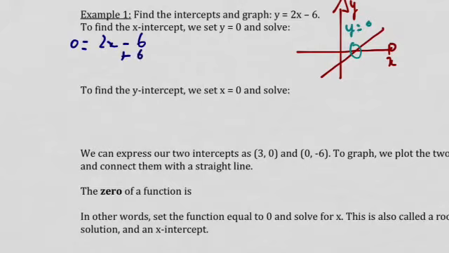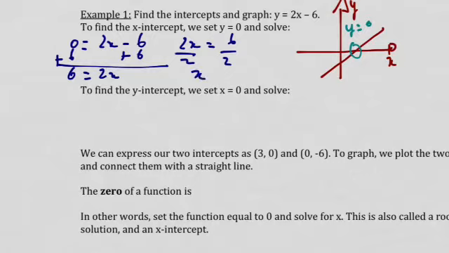I'm going to add 6 to both sides, and I get 6 equals 2x. Dividing by 2, so we have 2x equals 6. I divide by 2 everywhere, and now I get x equals 3. So my x-intercept is going to be (3, 0).